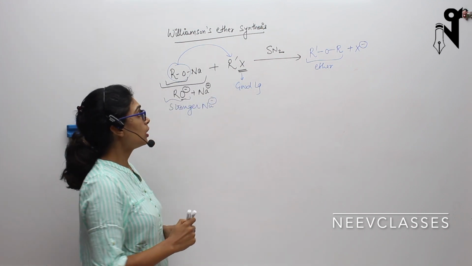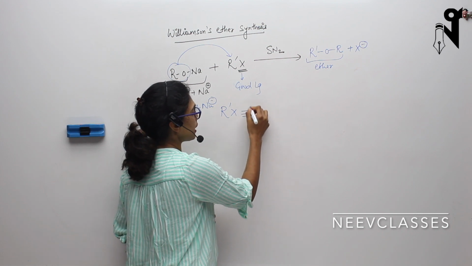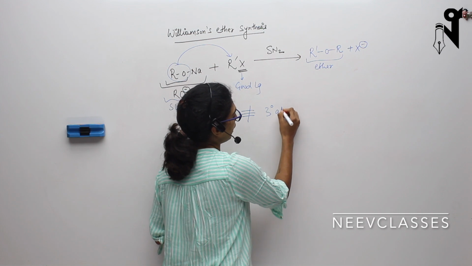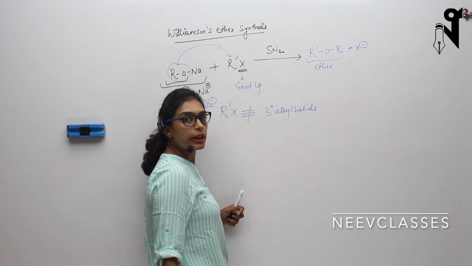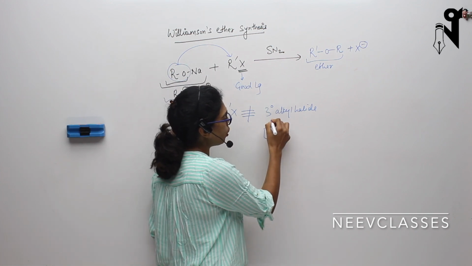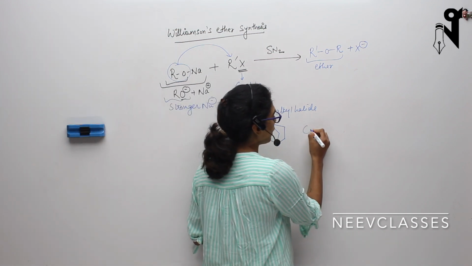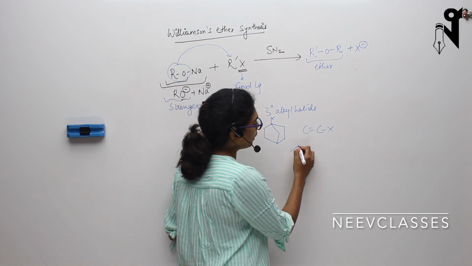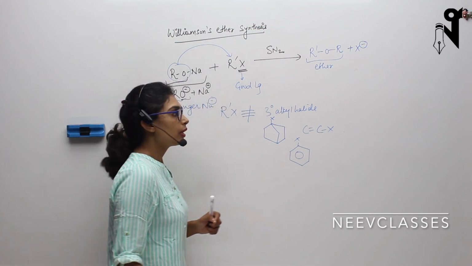Now a thing to note over here is what R'X cannot be. R'X cannot be a tertiary alkyl halide. It cannot be a halide where X is attached on a bridgehead. It cannot be a vinylic alkyl halide, and it cannot be an aryl halide.